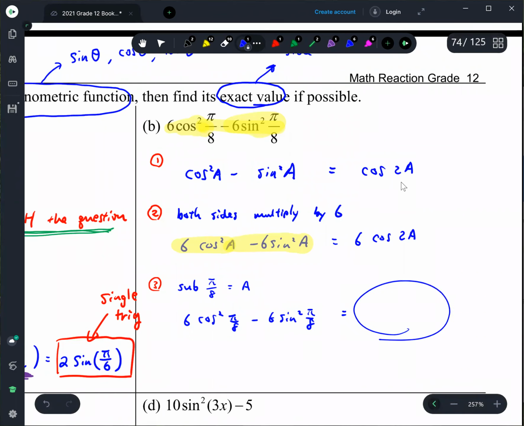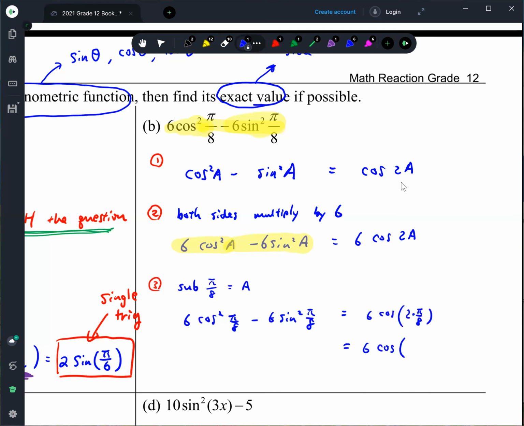What do we put on the right side now? 6 cosine of 2 pi over 8. Right, 2 times pi over 8, it's multiplying in between the 2 and the 8. And we'll simplify that. Very good. So 6 cosine, what's 2 times pi over 8? Nick?